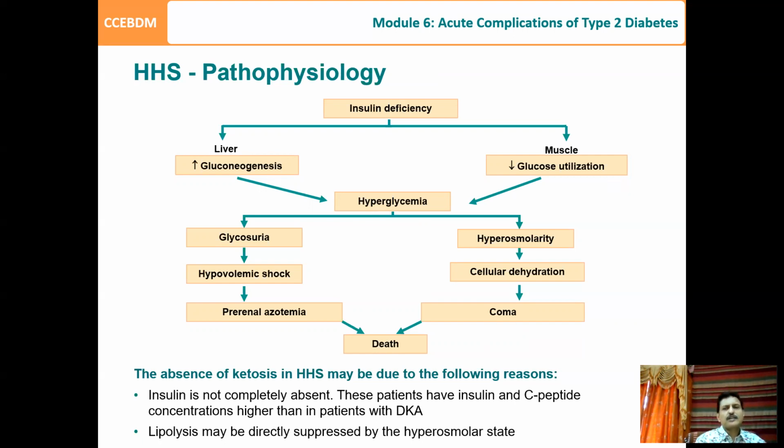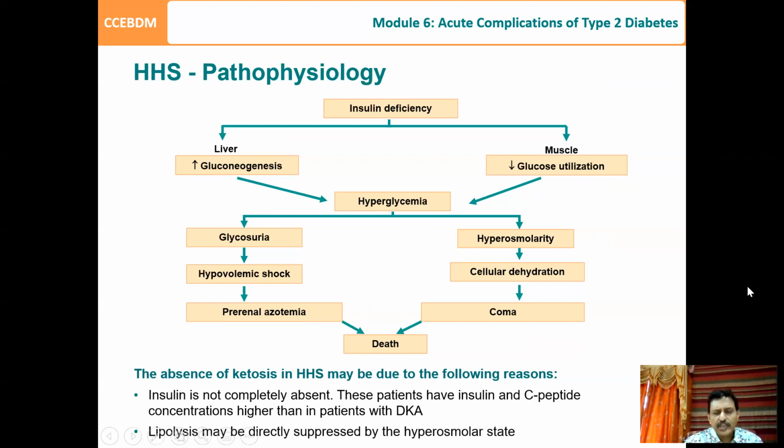So this occurs mostly because of not taking adequate fluid, which is precipitated by some infection, or sometimes some other acute insult, for example cerebrovascular accident, which we commonly see among our elderly subjects.